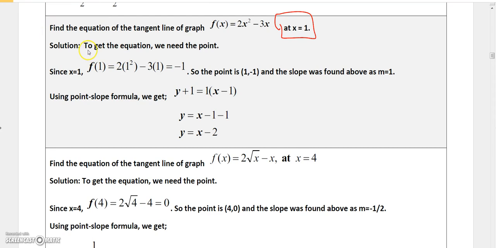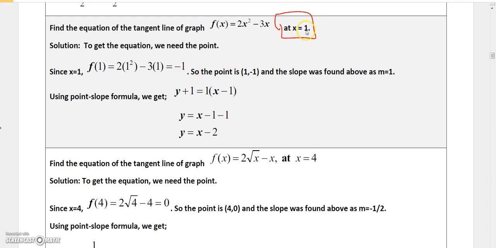Scratch that. What I did first here is I found the corresponding y value. So we need the corresponding y value for this, so we'll plug in 1 into this function to get the y value. So if I plug 1 into the function, I get 2 times 1 squared minus 3 times 1 equals negative 1. So the corresponding y value is negative 1.